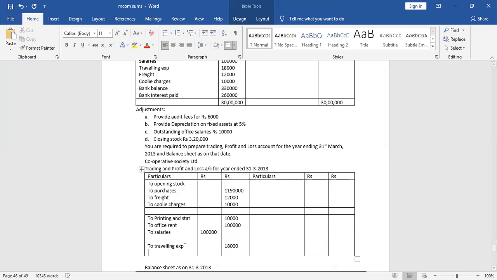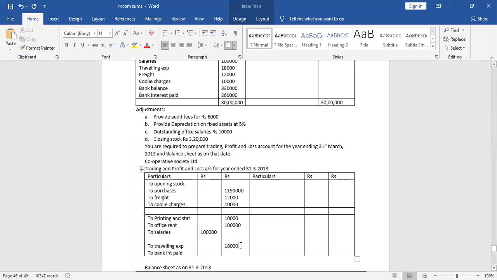So in the debit side, I'll write to bank interest paid, 2,60,000.